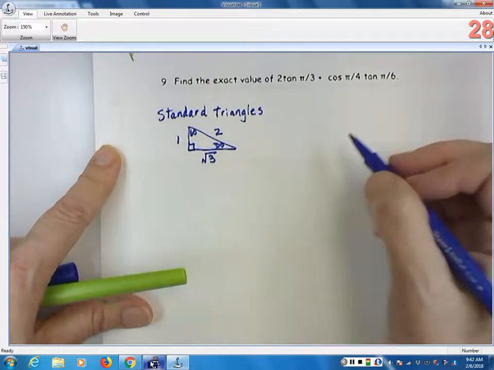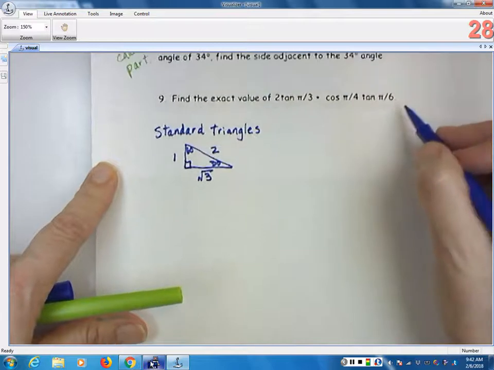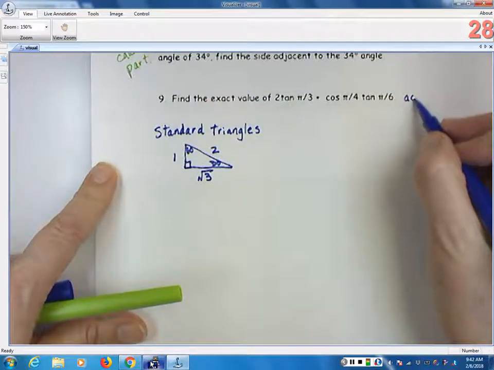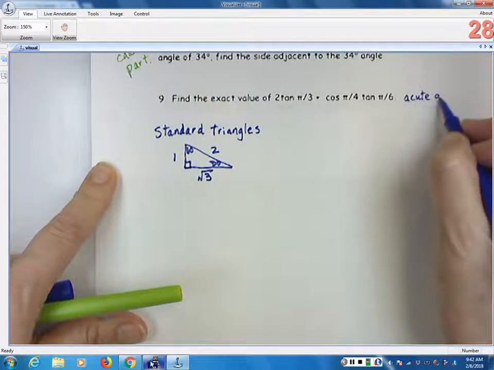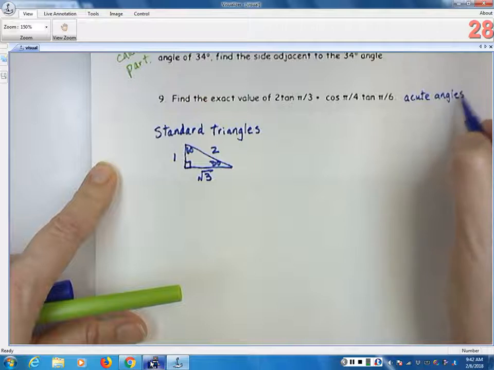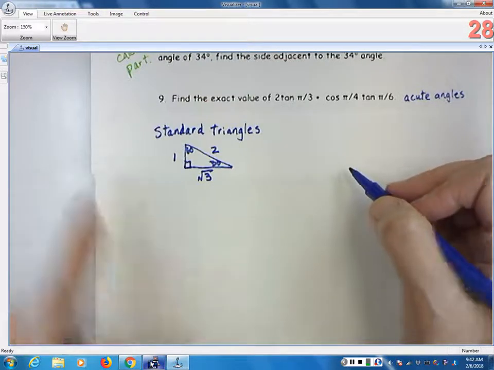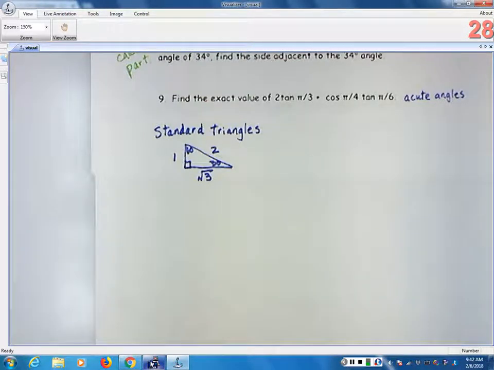I do specify in this problem that they're acute angles, I think. Let me look at it. Where I tell you the quadrant. Let's see, what did I do?